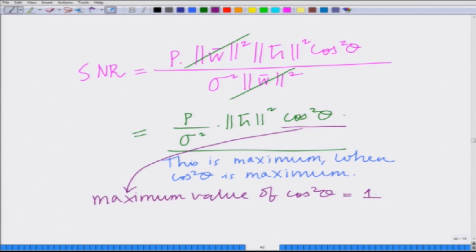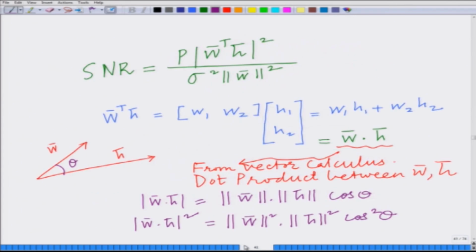That means what we are saying is the angle theta between W bar and H bar has to be 0 for the SNR to be maximized.